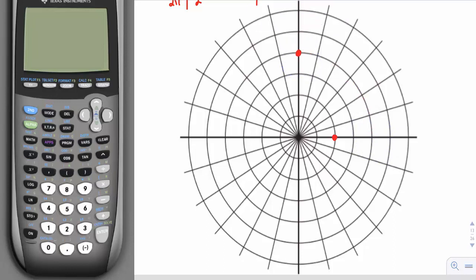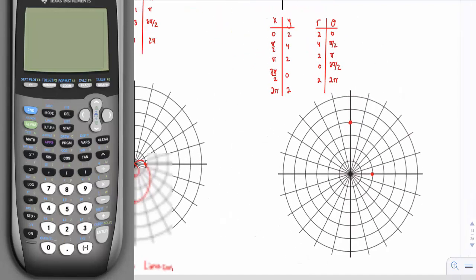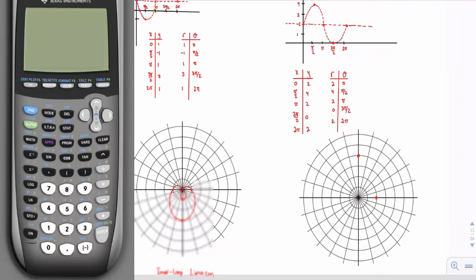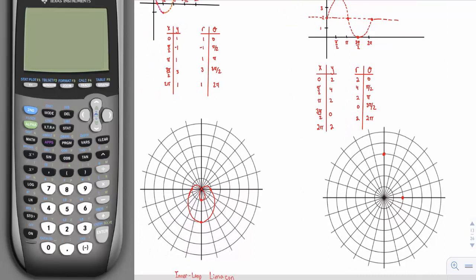And again, we want to somehow try to connect those points. So as I do that, if you don't see what kind of graph we have, just know that it is going to be a curve. And your curve starts at 2, 0 and obviously ends up at that 4, pi over 2.